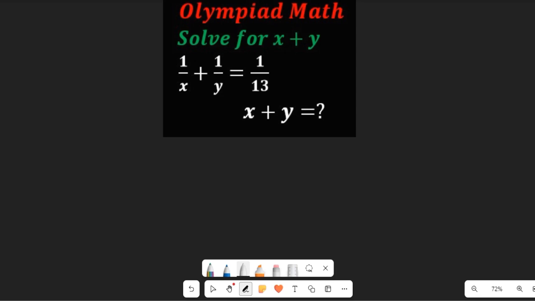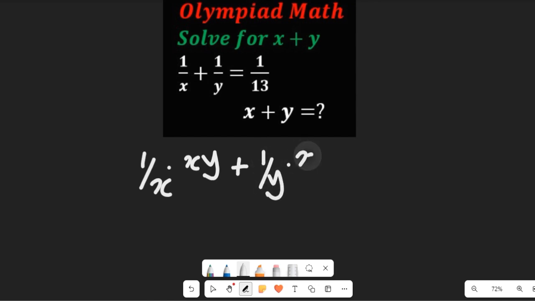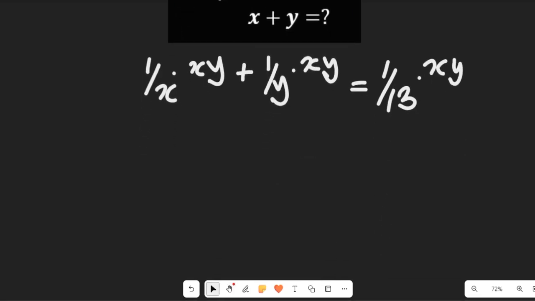So if we multiply through by xy, we'll have 1 divided by x multiplying xy plus 1 divided by y multiplying xy, and then we'll have this equal to 1 divided by 13 multiplying xy. Whatever we do to the right hand side must equally be done to the left hand side.